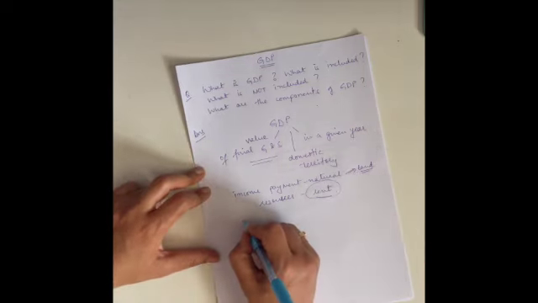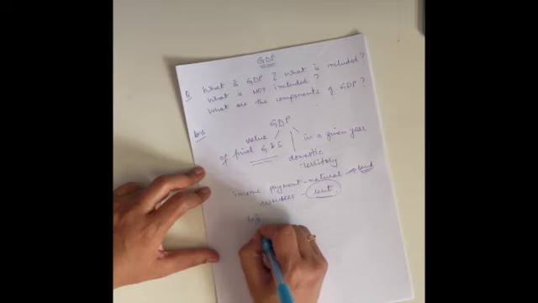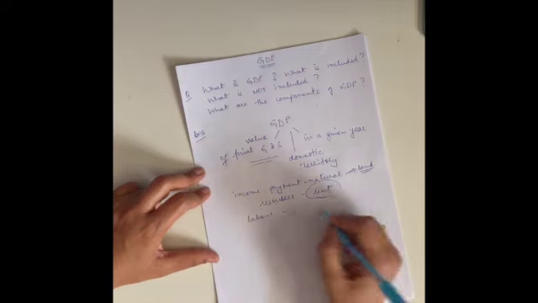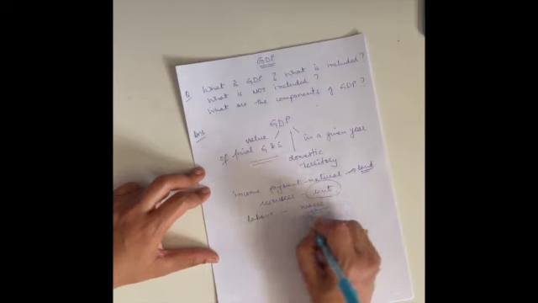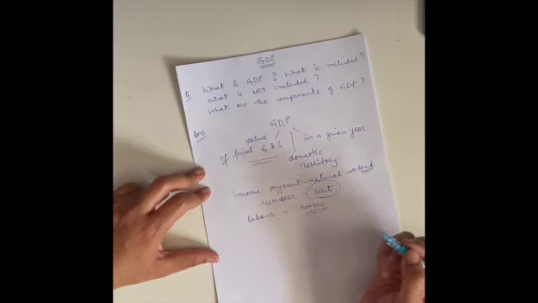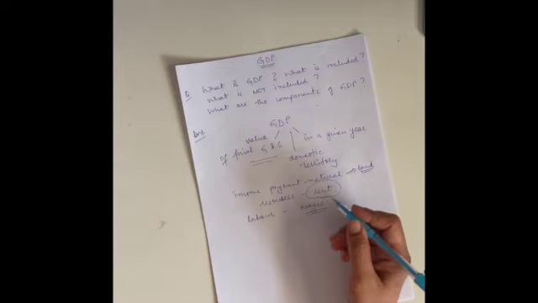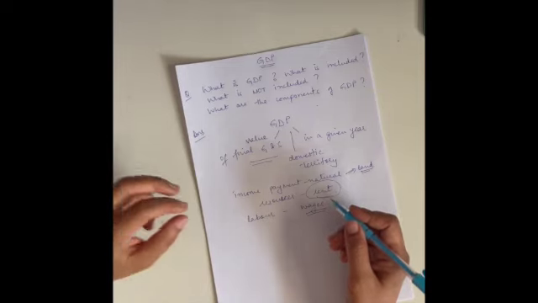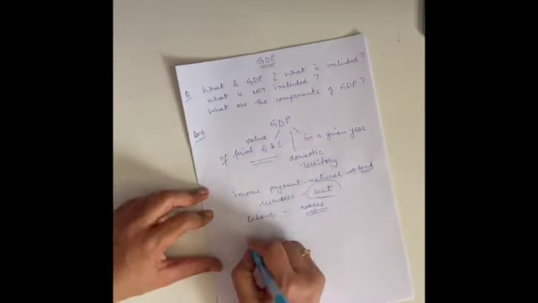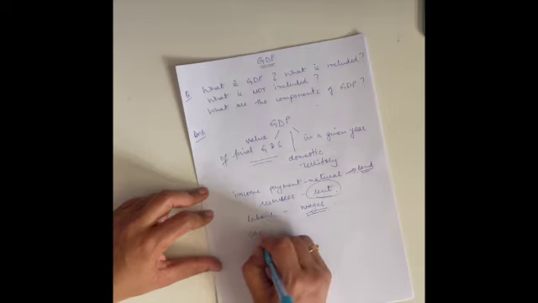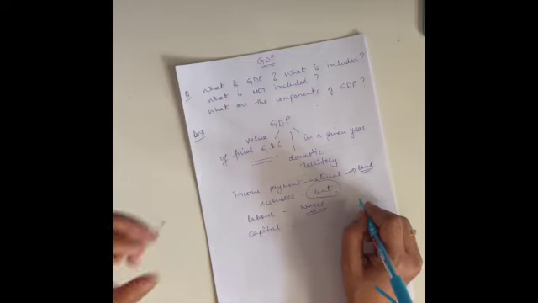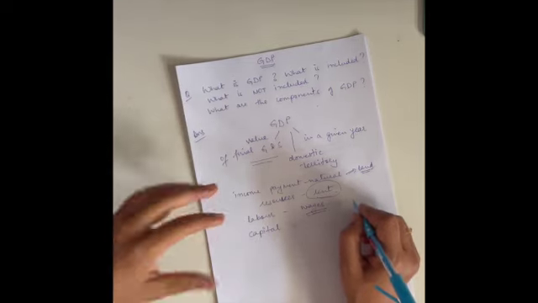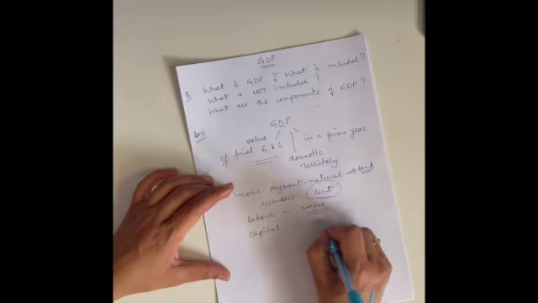Second, if I talk of labor, that's another factor of production. The income payment for labor that we take in economics is wages. If somebody is giving labor services, what we pay is wages. Then you have capital. The income payment for financial capital is the interest that you get.